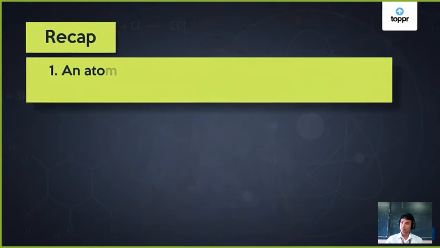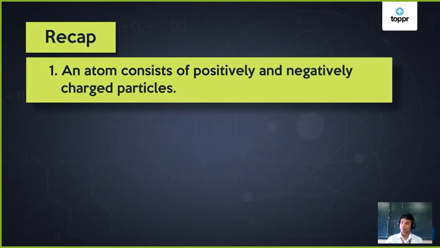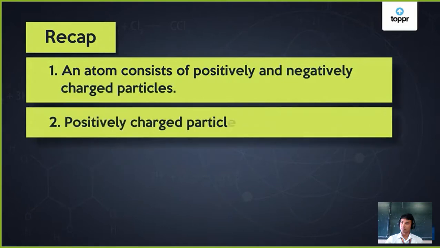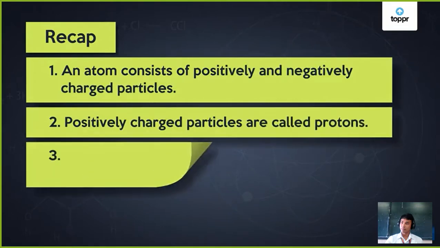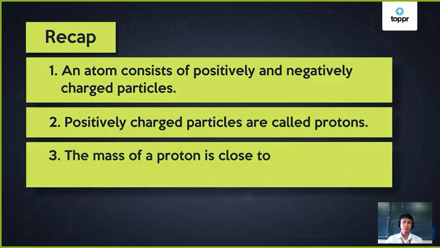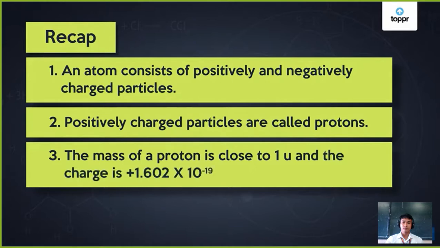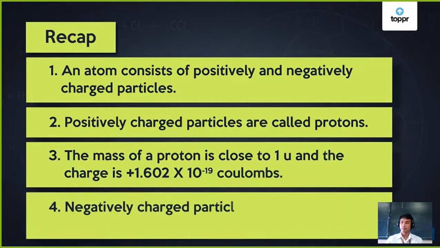An atom consists of positively and negatively charged particles. Positively charged particles are called protons. The mass of a proton is close to 1 U and the charge is plus 1.602 into 10 raised to minus 19 coulombs. Negatively charged particles in the atom are called electrons.